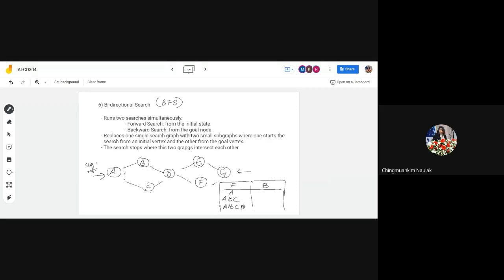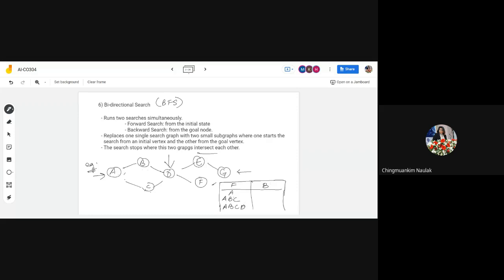And it says that the search stops where these two graphs intersect each other. So they intersect here now, and you are at this point D node. So you'll stop the forward search here. Now, for the backward search, you're going to start from the goal state.